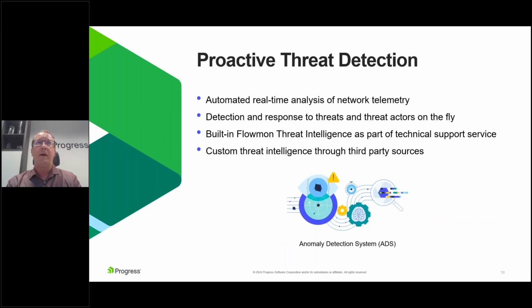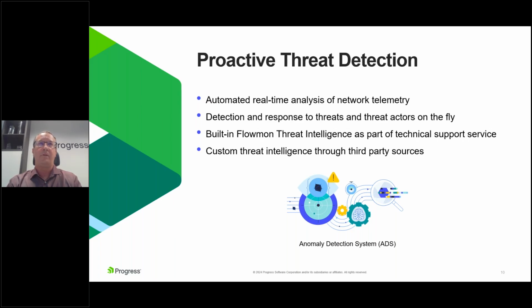For proactive threat detection, you need to analyze the network telemetry that you are collecting live in real time. You do that through the anomaly detection system with different detection methods that we provide, but also through indicators of compromise.